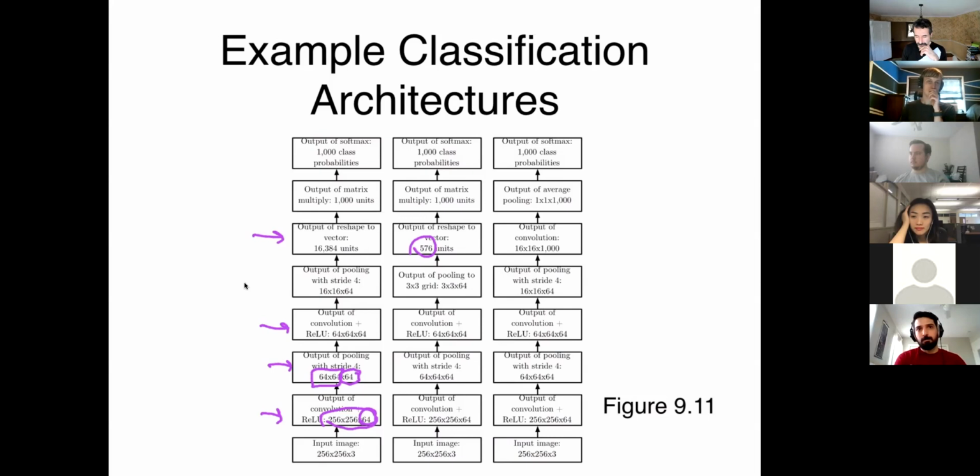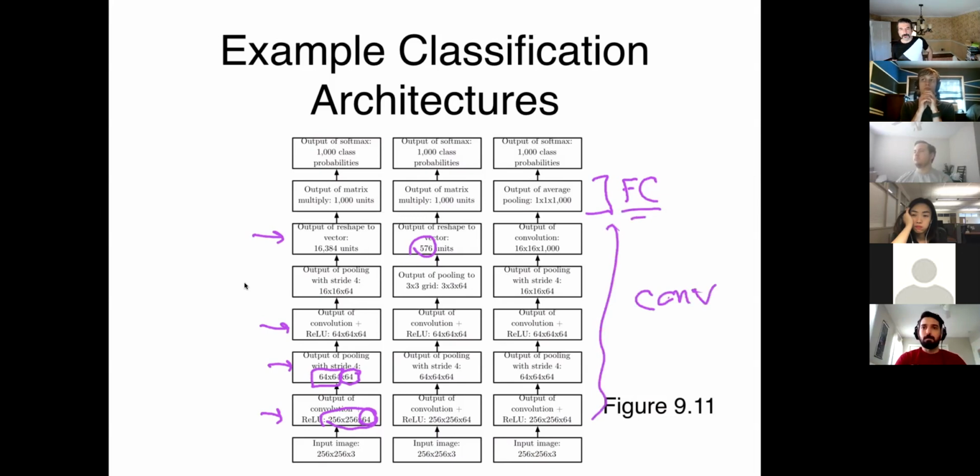Typically the later part of your network in this stage is doing a fully connected operation, basically a matrix multiplication similar to what we have in a fully connected network. But now we don't have these fully connected layers everywhere. Here it was mainly convolution, which was a lot more efficient, and we get those properties.